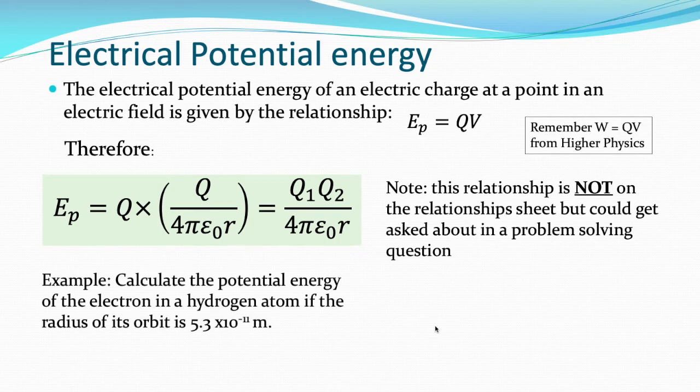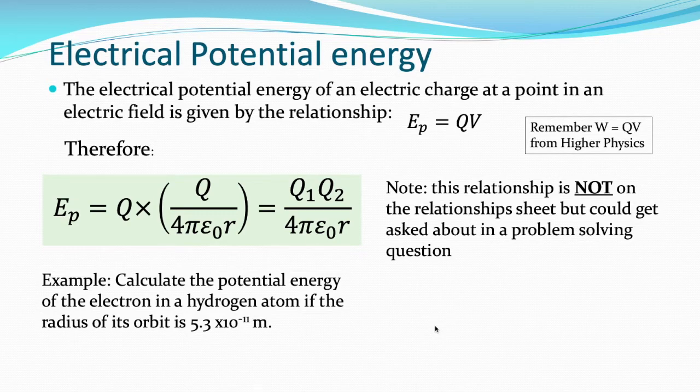For example, if we wanted to calculate the potential energy of an electron in a hydrogen atom, if the radius of the electron's orbit is 5.3 times 10 to the minus 11 meters, then we know what the charge on the electron is, we know what the charge on the proton is that's in the hydrogen atom, so we can work out the potential energy of that electron.